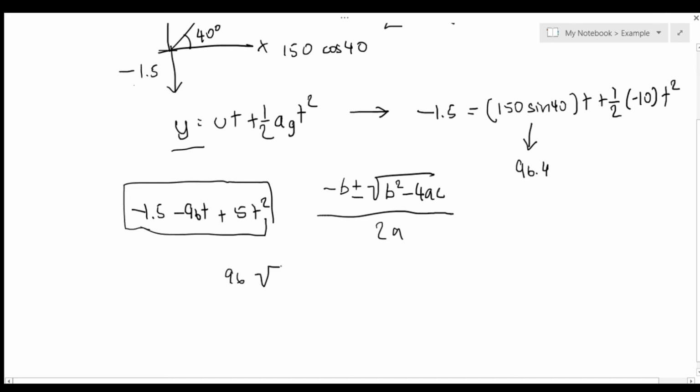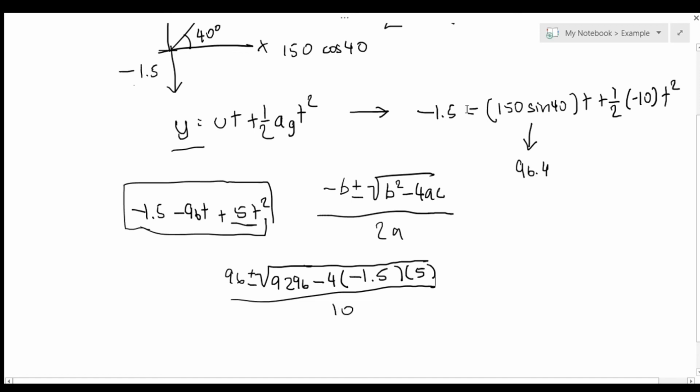Then plus or minus the square root of b squared, which in this case would be 96 squared, minus 4 multiplied by negative 1.5 multiplied by 5, the square root of the whole expression over 2a, which a in this case is our 5, so it would be 10.